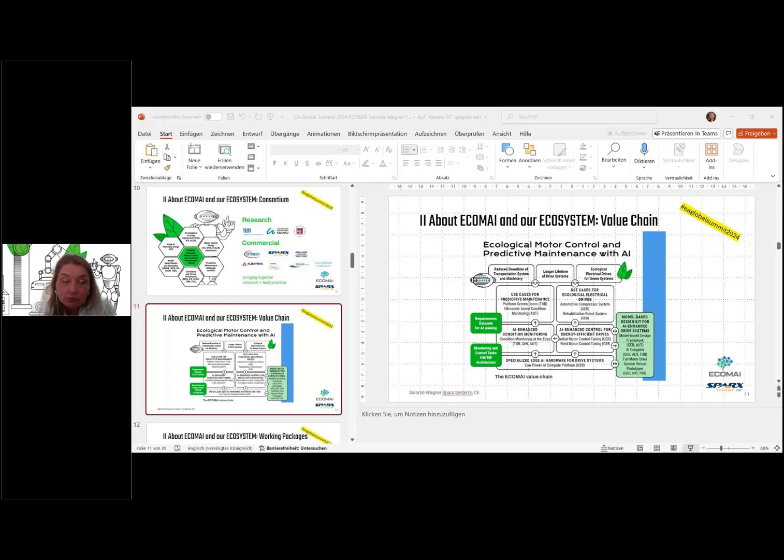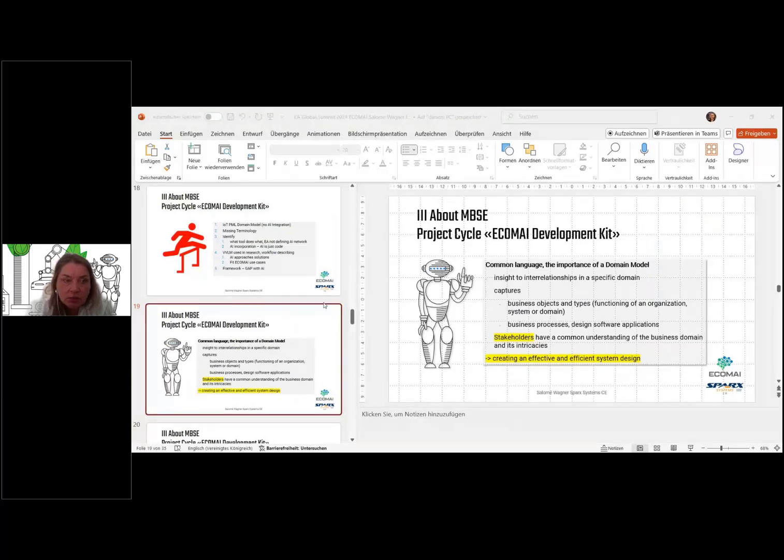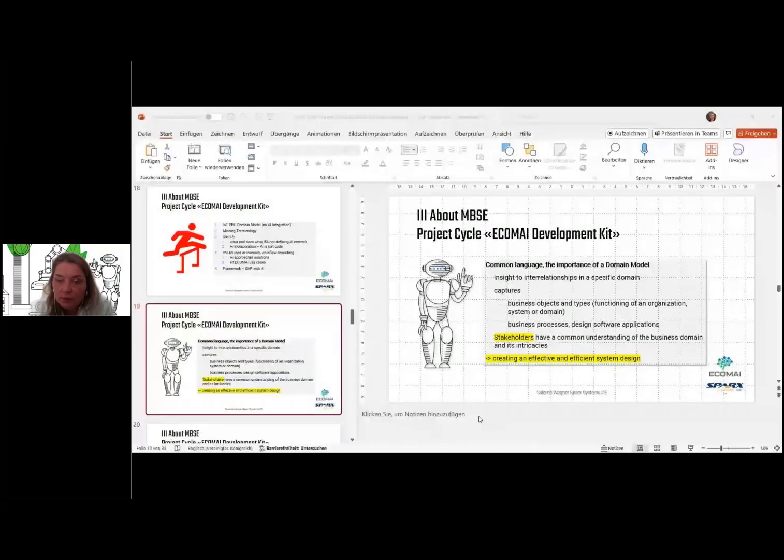Just another query from our viewers. I guess these slides are not being advanced here. Can you maybe have a look about which screen that you're sharing at the moment? Yes, this one. Or maybe, sorry, not in the presenter view at the moment. Let me see. Does it work? I'm really sorry.